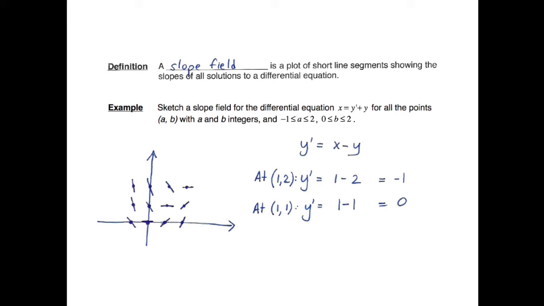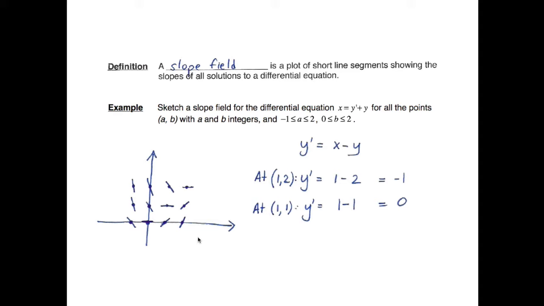So once you are finished, you should get something that looks like that. It becomes a little bit more difficult to represent slopes when they are very negative or very positive. Don't worry about that. We can see here that this is steeper than that, this is steeper than that, so this is enough.